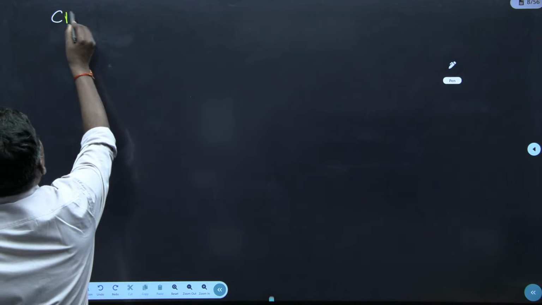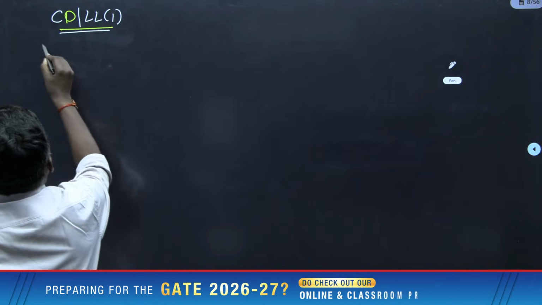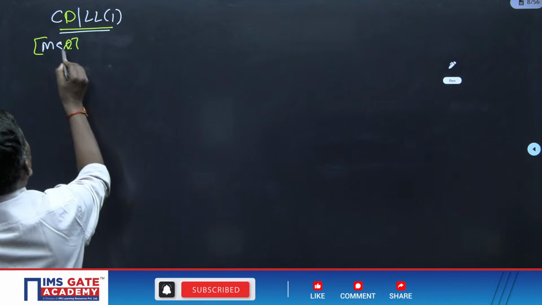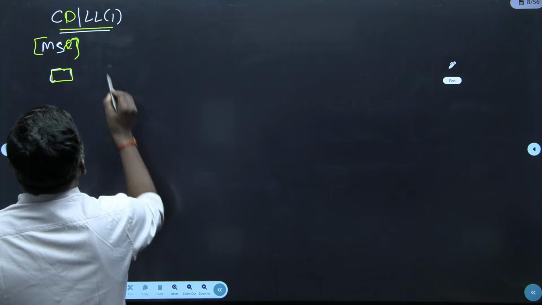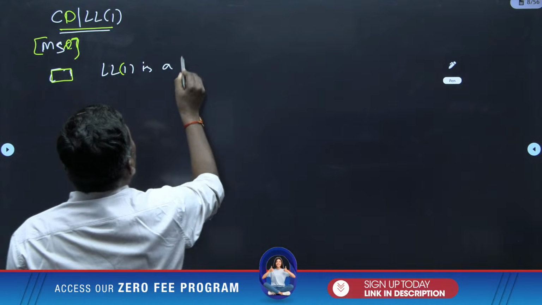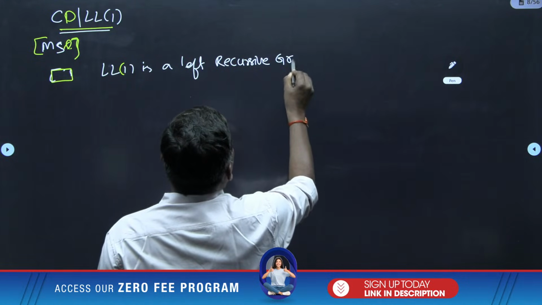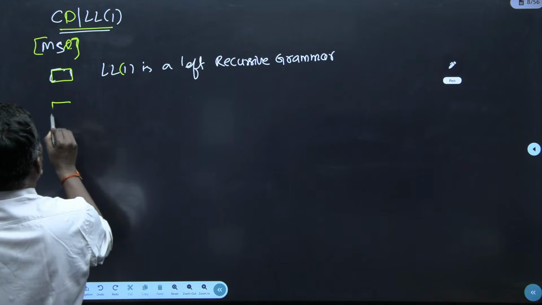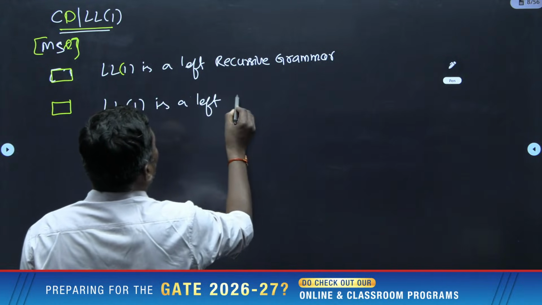You can check it. There is a question from compiler design, basically from the LL1 parser. It is an MSQ question, statement-wise. Statement 1: LL1 is a left recursive grammar. Statement 2: LL1 is a left factored grammar.